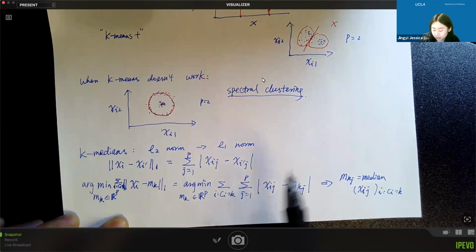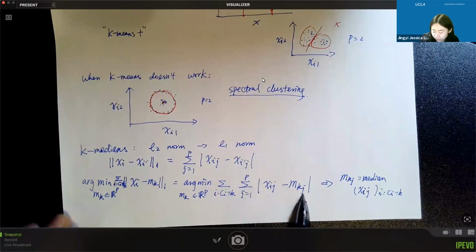It's not like the Euclidean distance, where in each dimension we take the square and then take the square root of the sum across dimensions. Here we don't have that. We just have the absolute value in each dimension. The minimizer of this L1 distance is known to be the median in each dimension. So this is called K-medians, which means we define the centers based on medians instead of means.